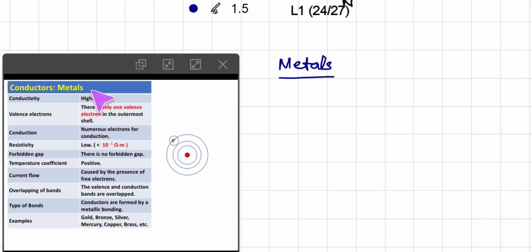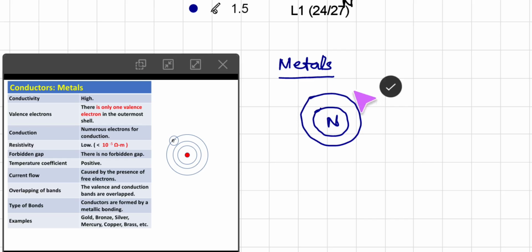So see, in the case of metals, we know that every element has an atom. At the center of the atom there is a nucleus which consists of protons and neutrons, and around that nucleus there are different orbits or shells.